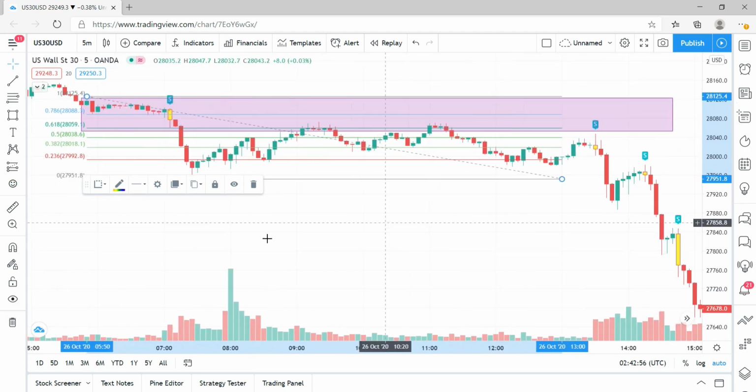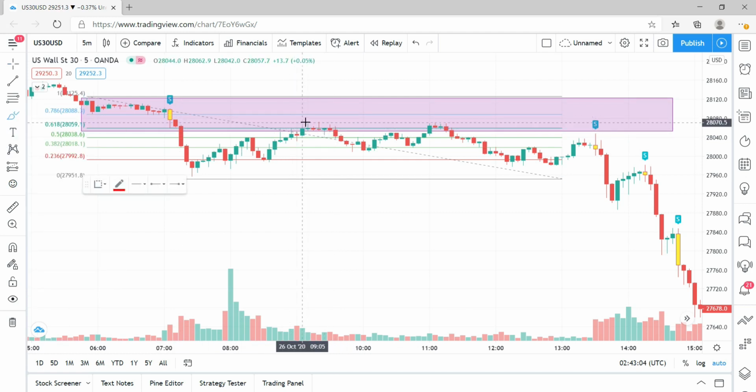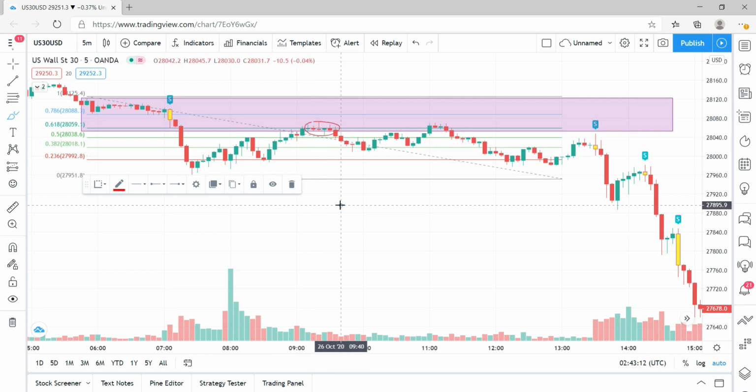Now, what we have here is the 618 is right here. So price got to that 618 right here. A couple ways you can get in. You can use confirmation, so you can use some candlestick confirmations, or whatever you want to use. But in this video, to keep things very simple, we're just going to get in as soon as price touches the 0.618.